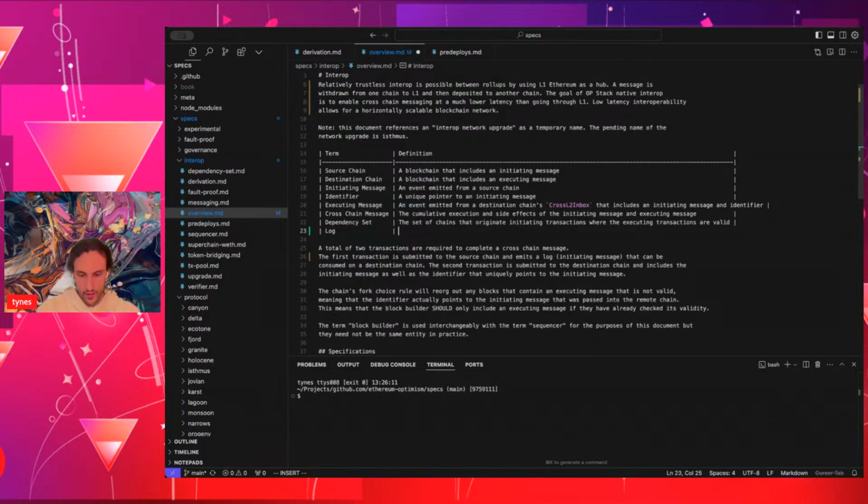So a log is like the Ethereum consensus object created by the log opcodes.